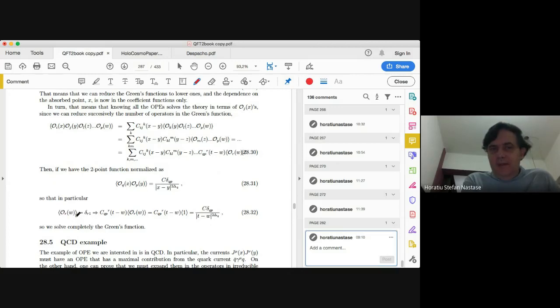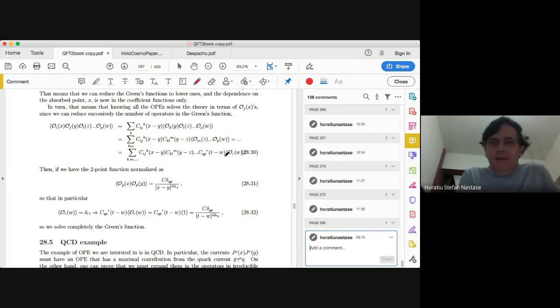So that means it is delta R1. So this CPQR times operator R VEV is CPQR times 1, which is just this, C delta QP over x minus y to the 2 delta Q.